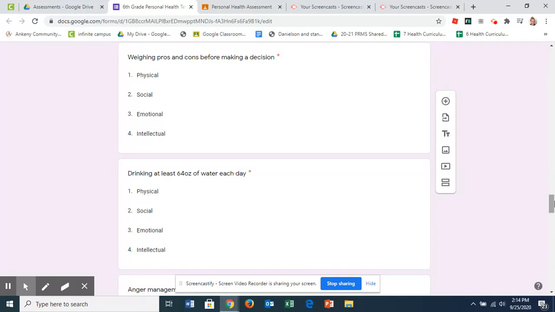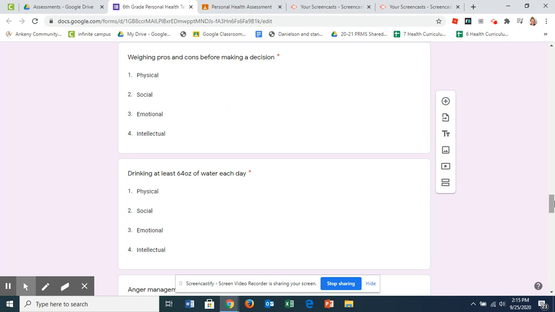Weighing pros and cons before making a decision. Would that be physical, social, emotional, or intellectual health? Next descriptor, drinking at least 64 ounces of water each day.